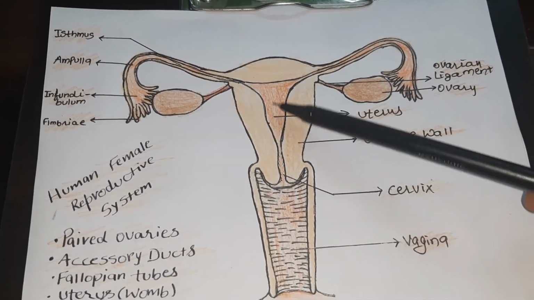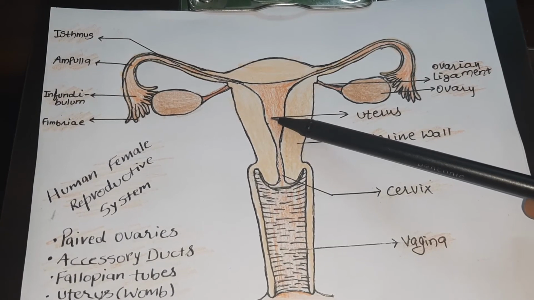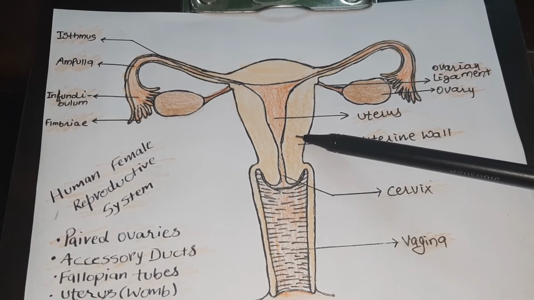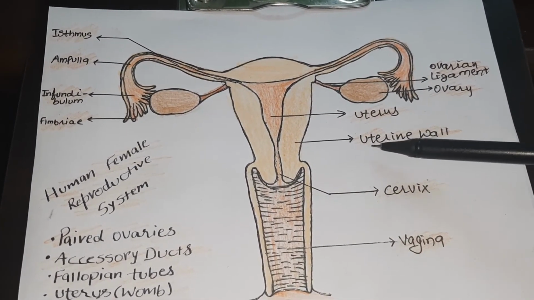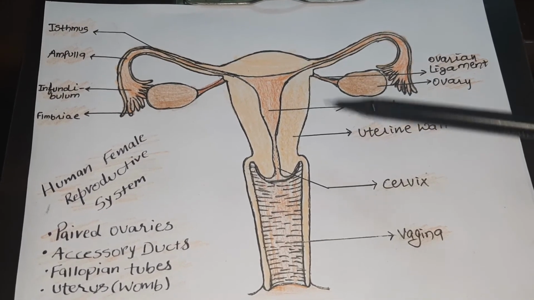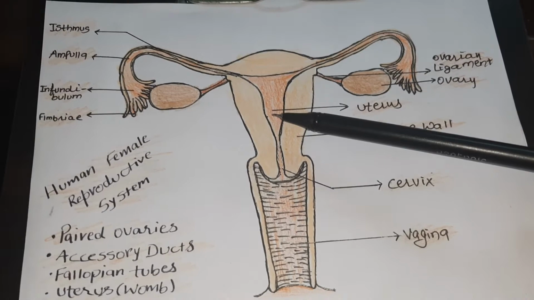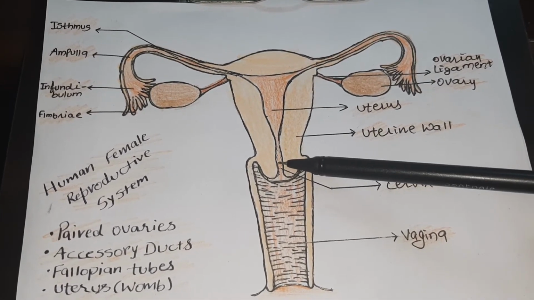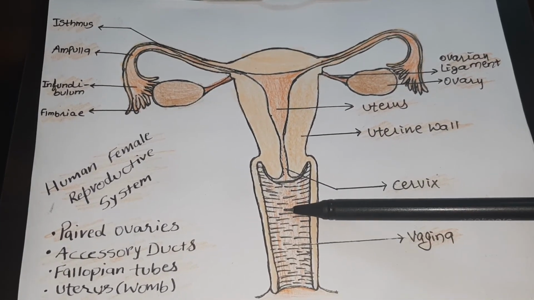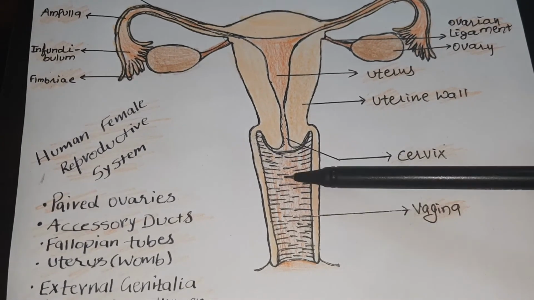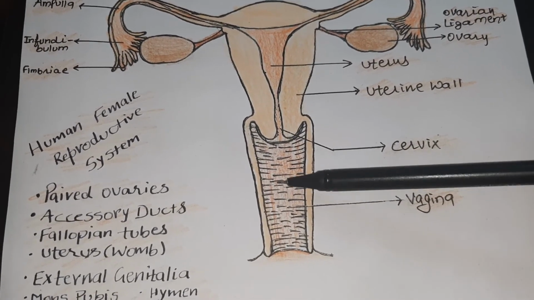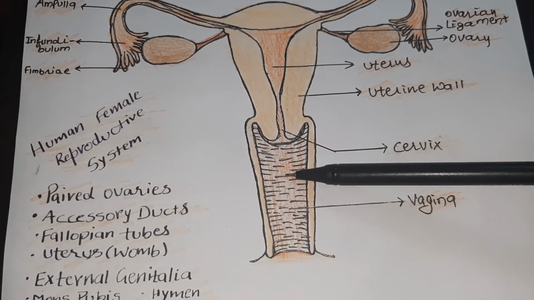The uterus is a bag-like structure, or inverted pear shaped. The uterine wall consists of three layers: perimetrium, myometrium and the innermost highly vascularized endometrium. The opening of the uterus is known as the cervix, which further opens into the vagina. Vagina consists of Bartholin's glands, which are analogous to Cowper's gland.